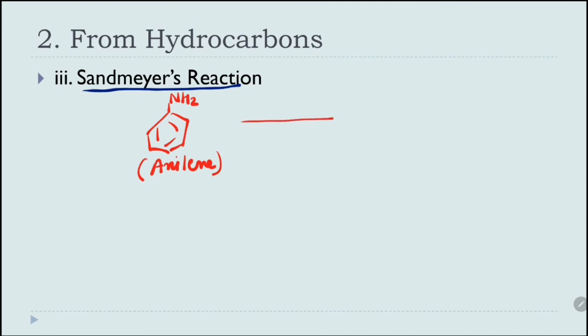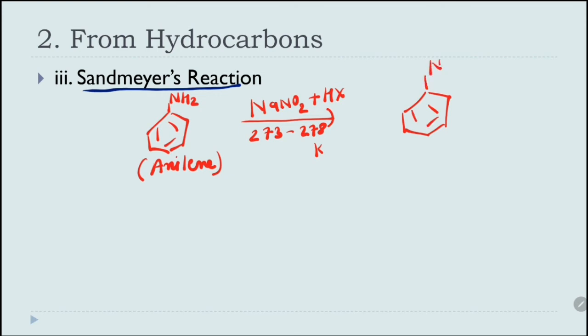Whenever we react aniline with diazotizing mixture, NaNO2 plus HX, at a temperature around 273 to 278 Kelvin, this NH2 group will be converted into diazo salt.